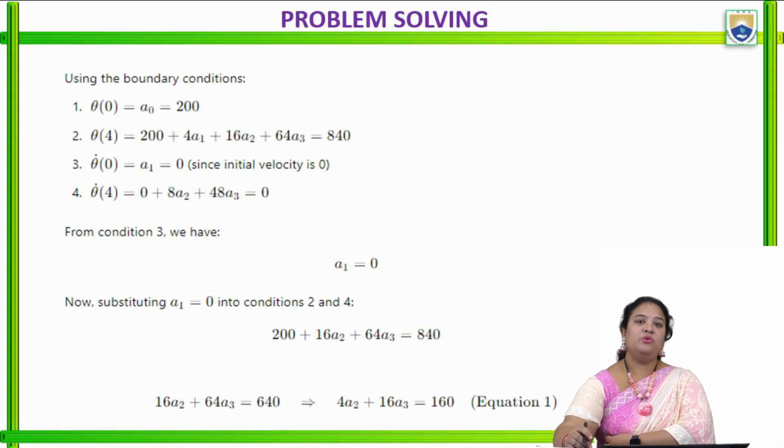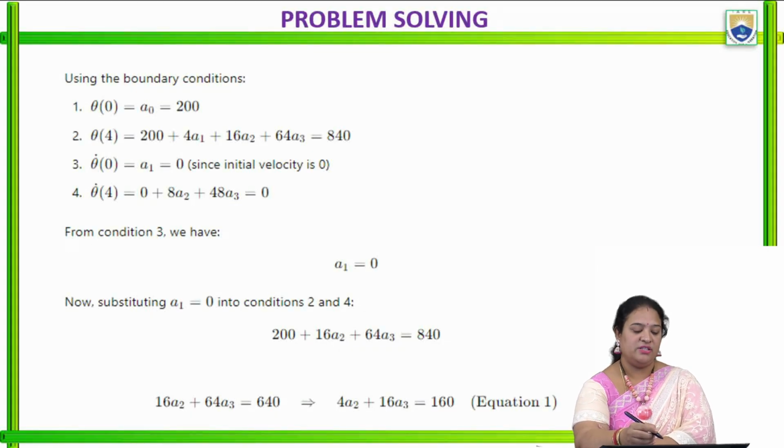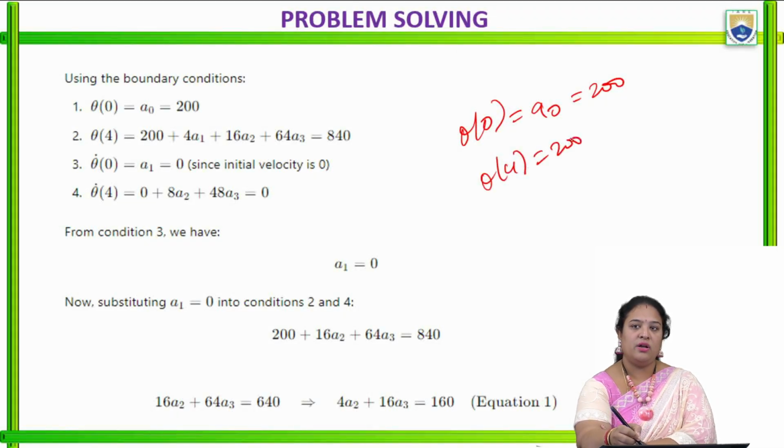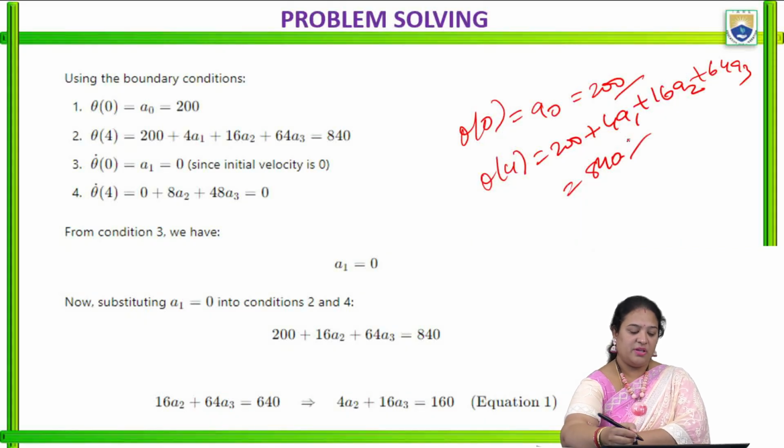So when we substitute these values using the boundary conditions, theta of 0 is equal to a0, which is nothing but 200, and theta of 4 is equal to 200 plus 4a1 plus 16a2 plus 64a3, which is nothing but 840.